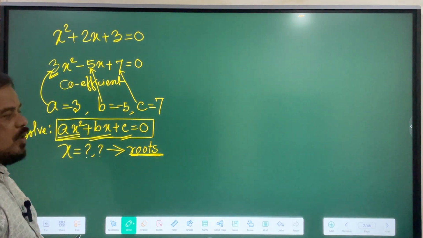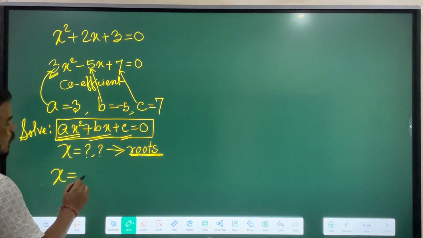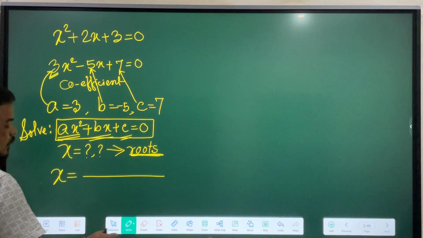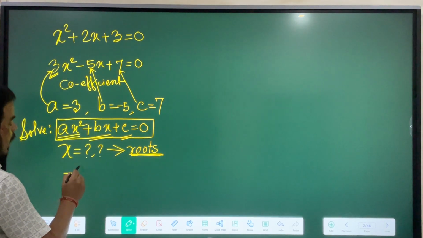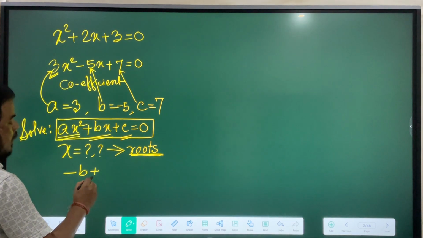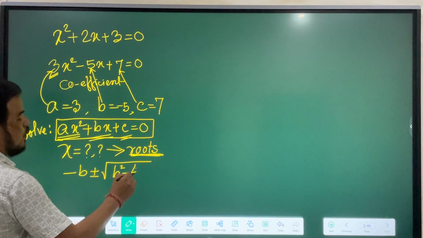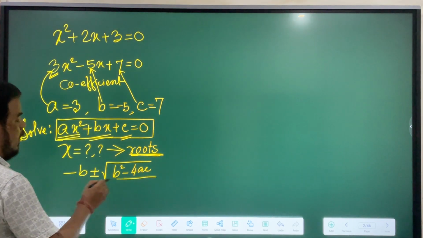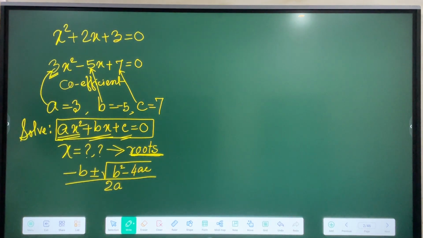So what is the quadratic formula? x is equal to minus b plus minus square root of b square minus 4ac, divided by 2a. This is the formula.